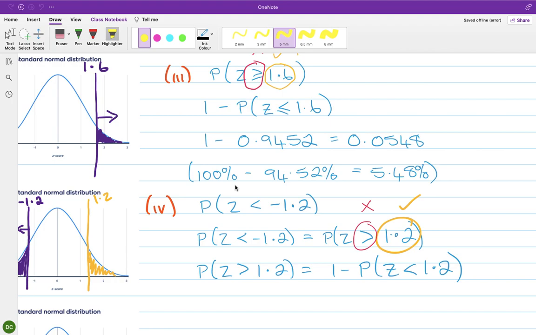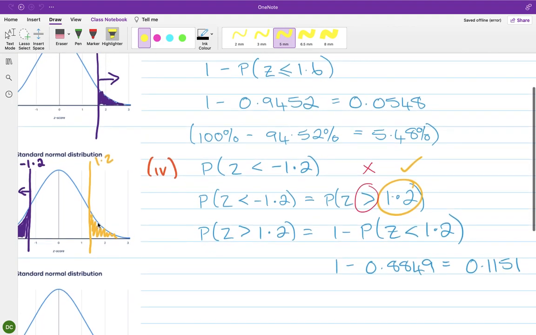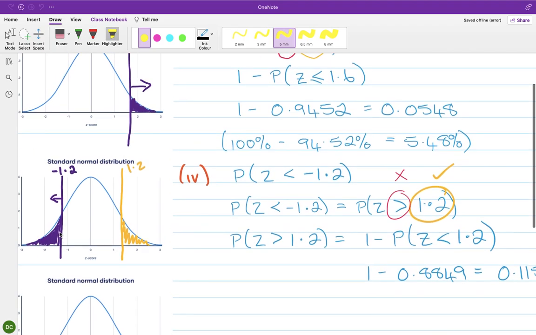So that is 1 minus 0.8849, which is 0.1151, or again, you can do it in percentages, so 11.51%. Yeah, so that is the probability of being in the purple section, which is the same as the probability of being in the yellow section, which is the same as 1 minus the probability of this bit.